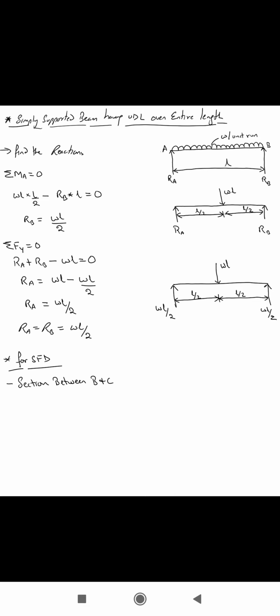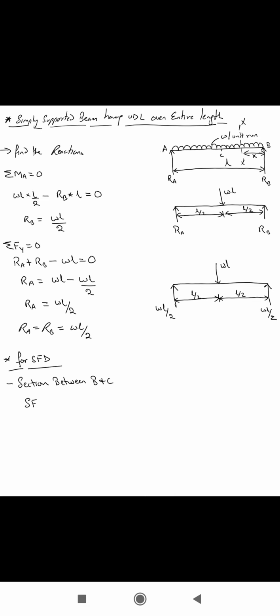Now C is the midpoint, so I'm taking this is C, somewhere in between, so we take a section over here. Let's say this is X, so this distance is X basically, right?